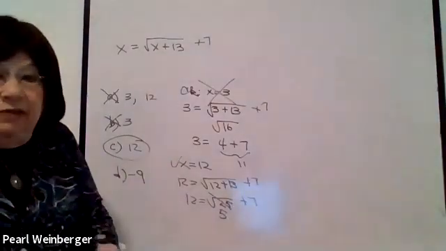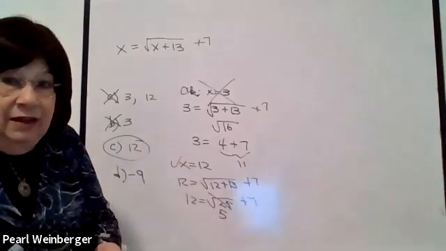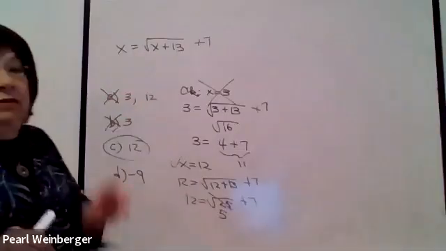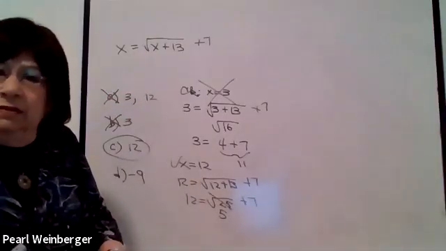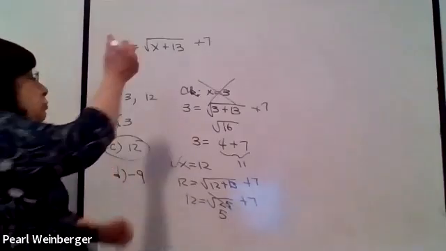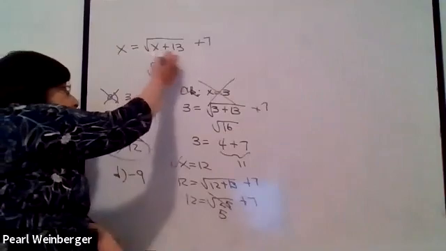How would you solve it on your calculator? You mean how to put this into your calculator? Like the square root of x plus 13, plus 7. Your calculator does not solve equations. What you could do is the square root.